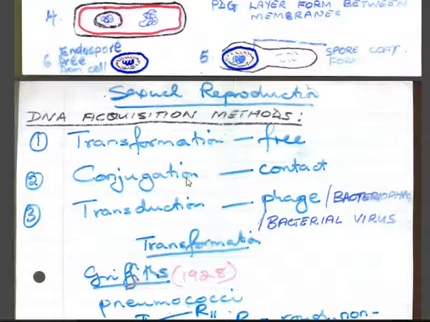So it is called a recipient. The other word for your mother would be a recipient. Your father would be called a donor. So here we're going to see that there is a recipient and there is a donor.